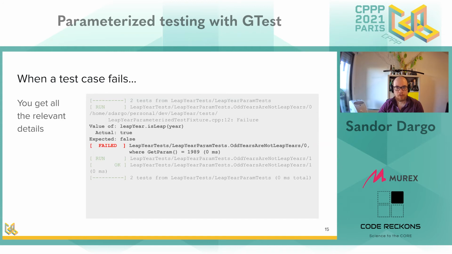So GTest will tell us which iteration failed with a number, which might not be that useful at first sight, because you have to look up the code to know which one was the first. But in fact, it will tell you that GetParam was 1989 in this case. So you get back the input. You get all the relevant details.